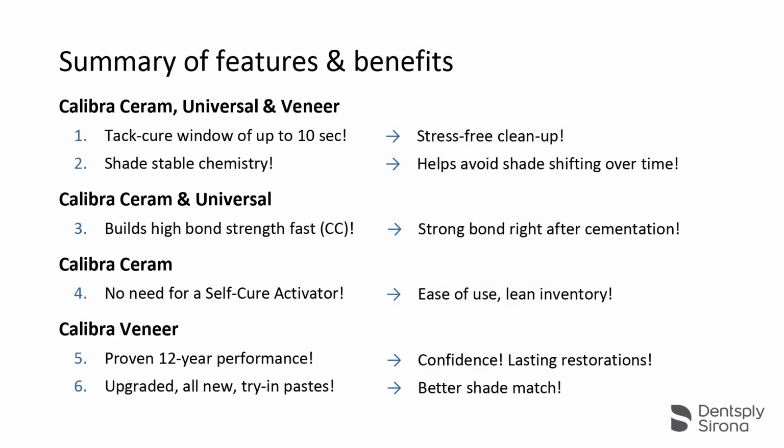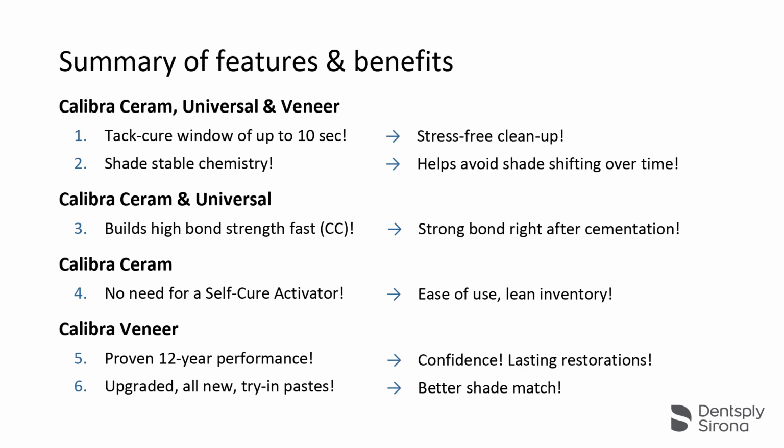Let us finish by summarizing the customer advantages and benefits. Most importantly, Calibra Ceram, Universal, and Veneer offer a tack cure window of up to 10 seconds, which ensures stress-free cleanup. The shade-stable chemistry helps avoid shade shifting over time.